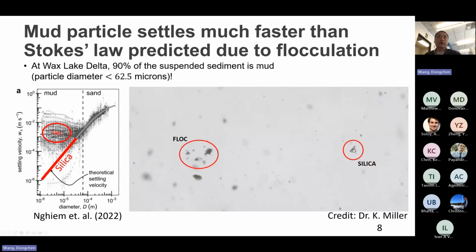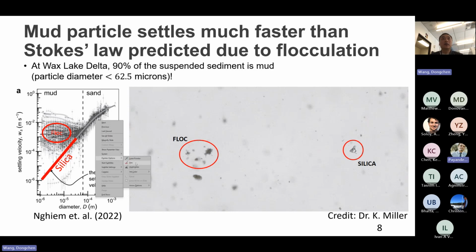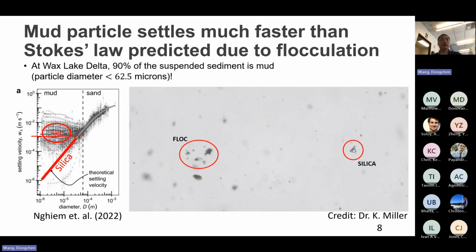If you look at the data here, you can see that regardless of what kind of particles form the floc, the floc tends to have a settling velocity of around 0.3 millimeters per second. The Wax Lake data sits around this line, regardless of the individual grain sizes.